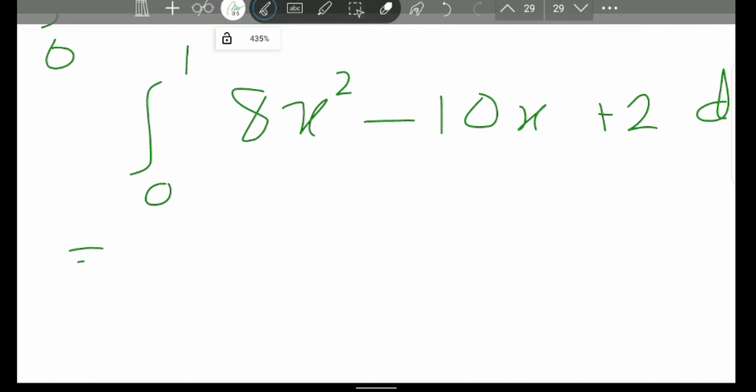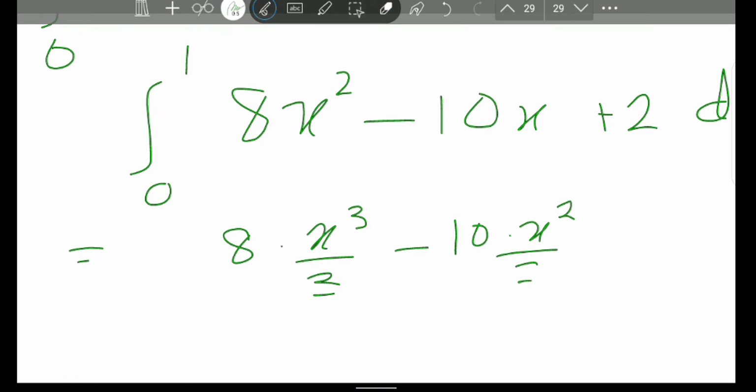Integral of 8x squared is 8 into x cubed by 3. 10x, if you integrate, we have 10 into x squared by 2.